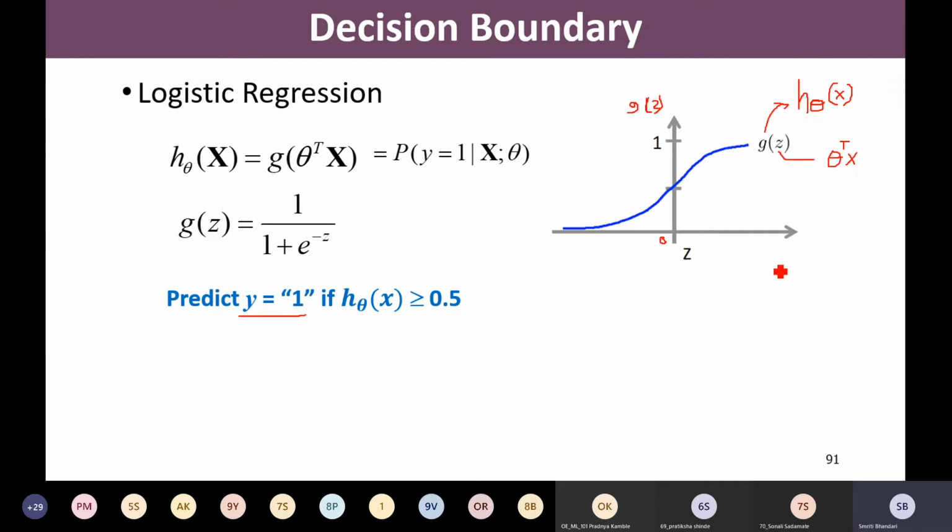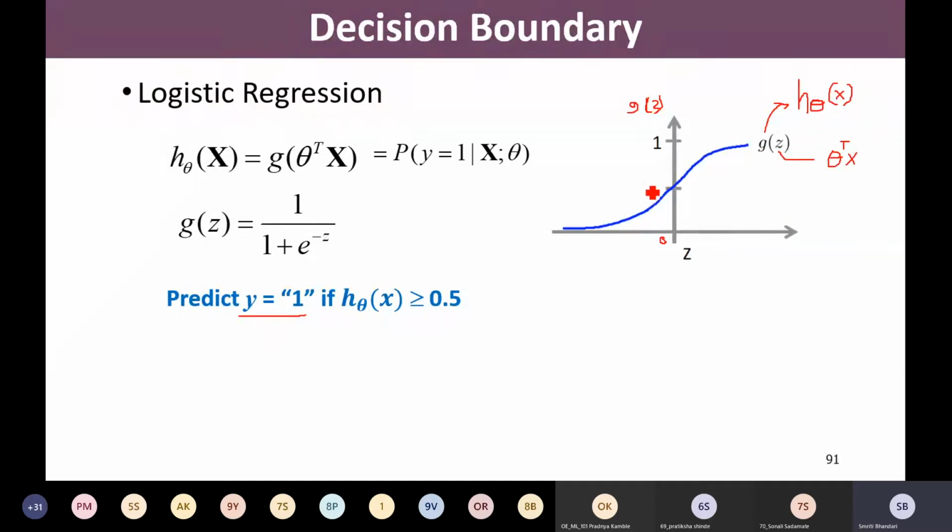So we are going to predict the class of the sample as 1. This 0 is my class label, this 1 is my class label. So I have two classes, 0 and 1. My sample is of class 1 if h theta x is greater than or equal to 0.5. What does this mean? This plot is actually my h theta x, right?